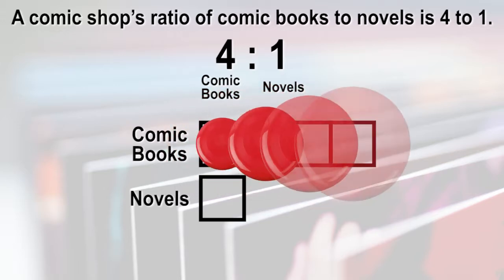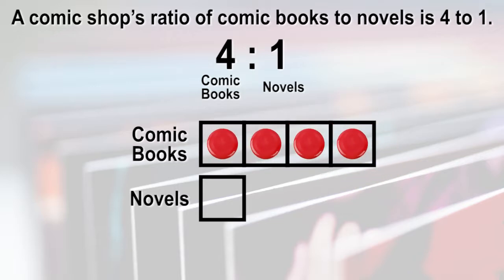Let's use one red counter to represent each comic book in our diagram. We know with tape diagrams the boxes are always equal in value, and since there is only one counter in each of the comic boxes, there will only be one counter in the novel box. So there is only one novel because comic books are 4 times greater in number than novels.